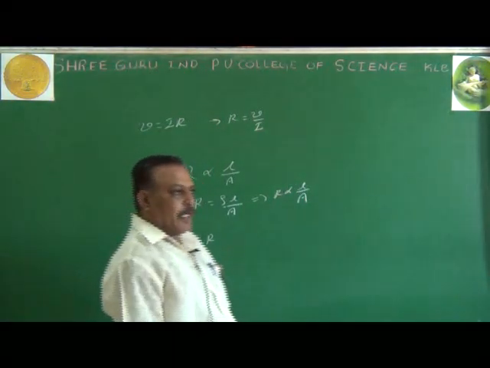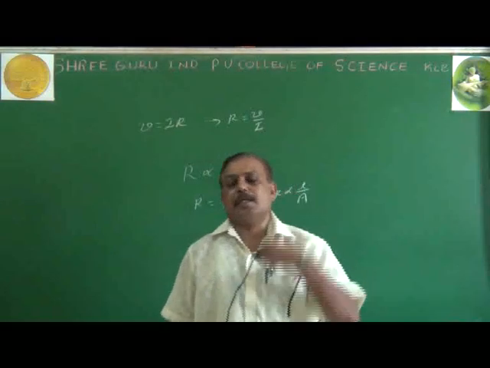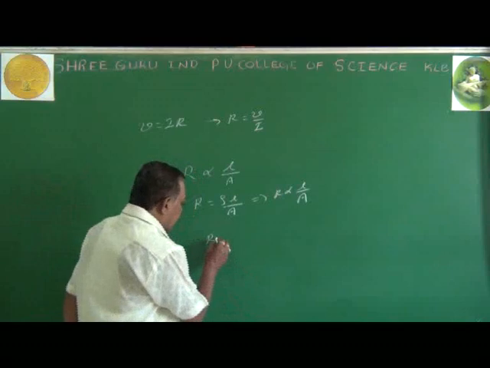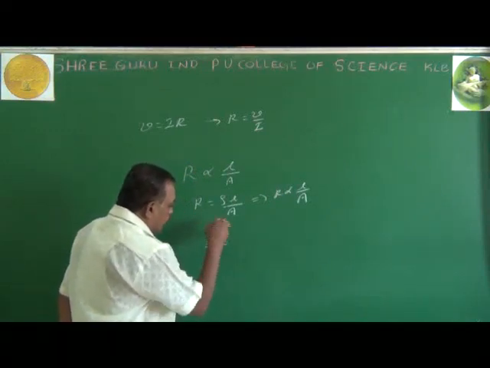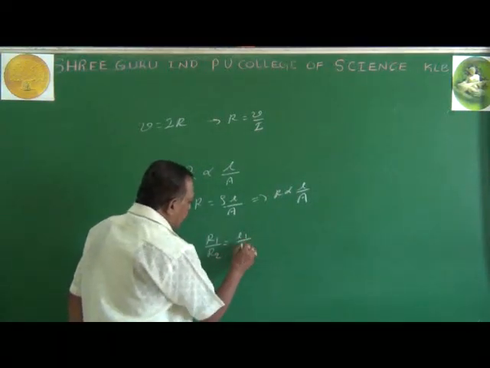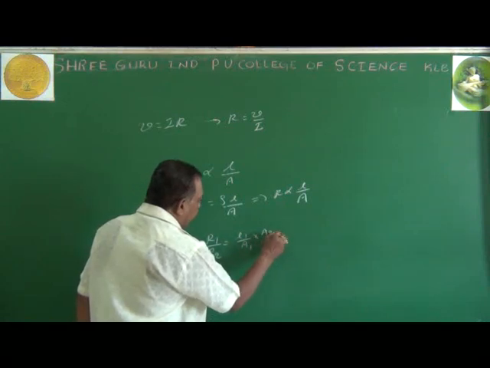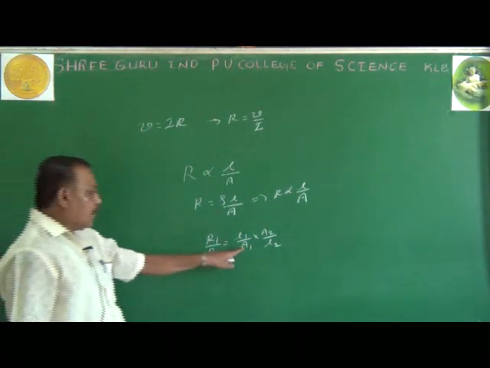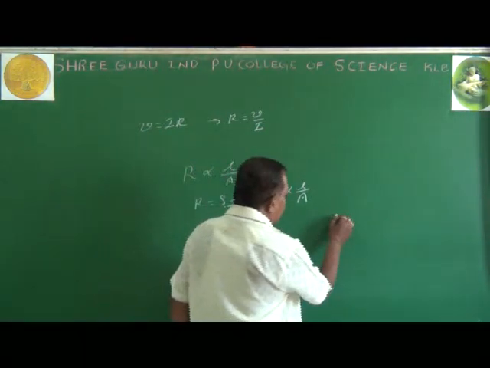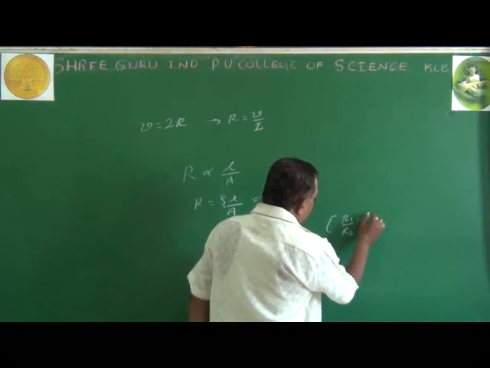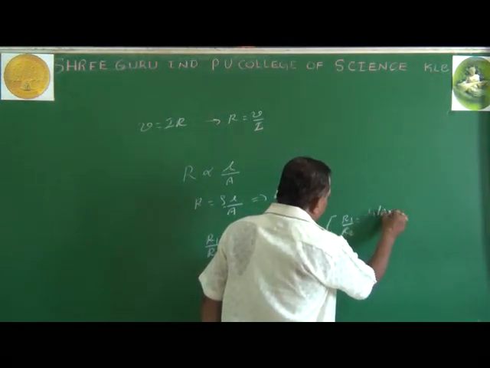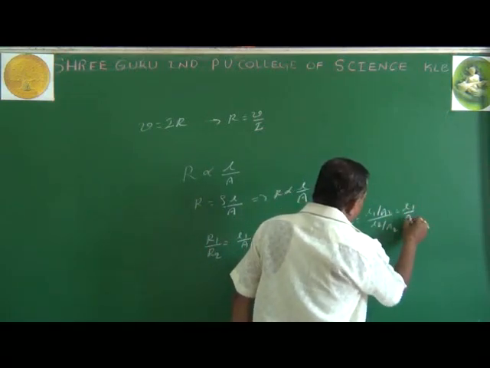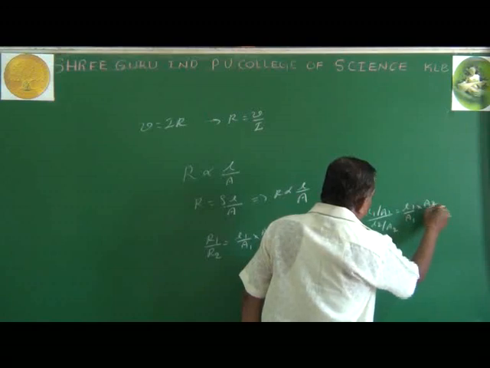If I take two wires of the same material having different lengths and areas, then the ratio of their resistances R1 by R2 is L1 by A1 into A2 by L2. So when I take L1 by A1 over L2 by A2, A2 by L2 goes to the numerator.